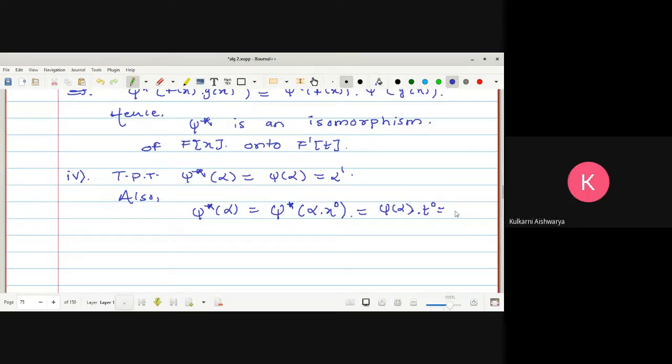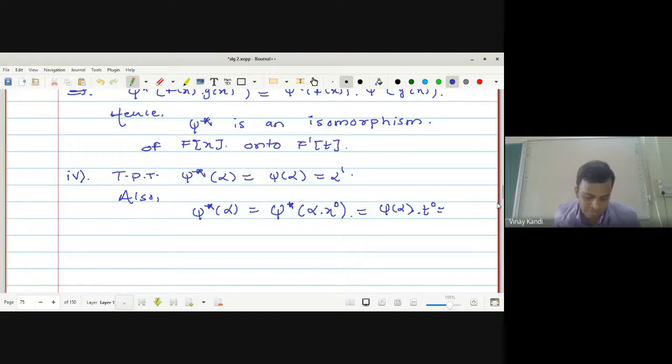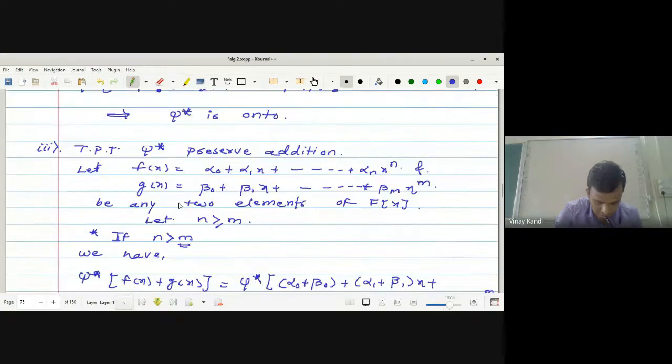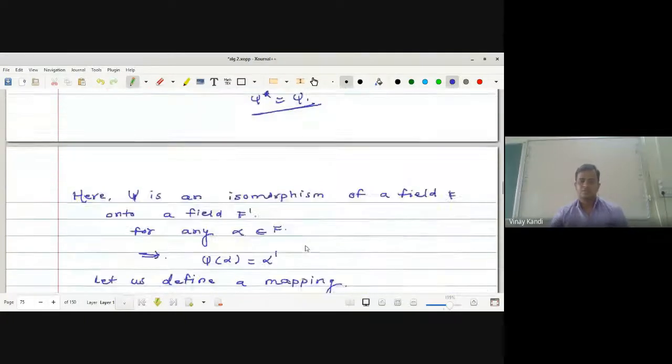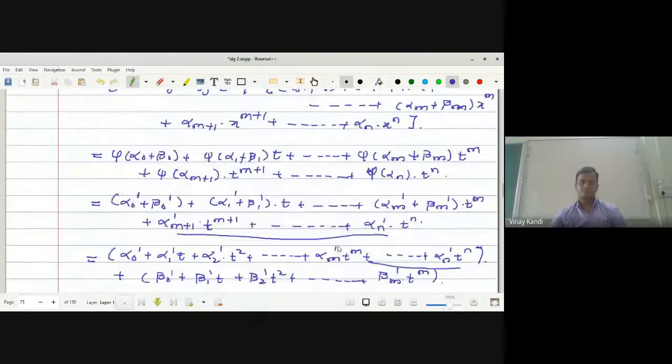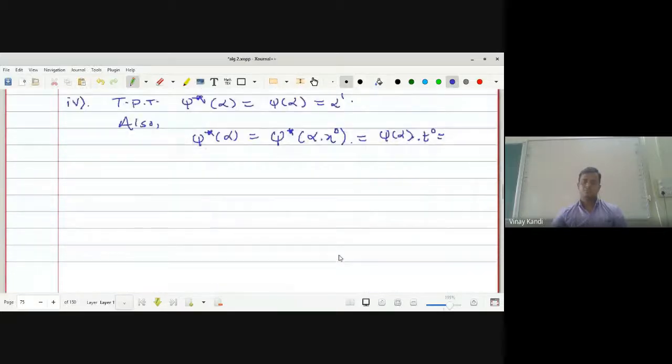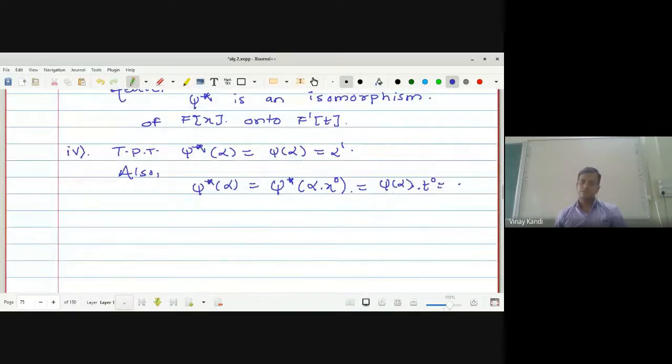Alpha dash. And t raised to 0 is 1, which is equal to alpha dash for all alpha belongs to F.